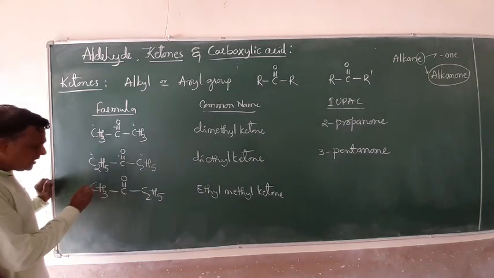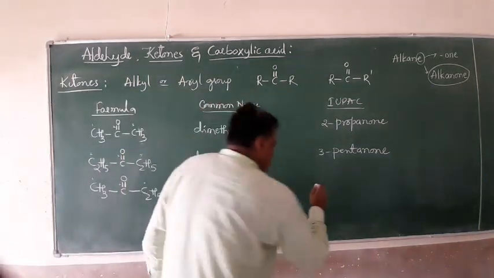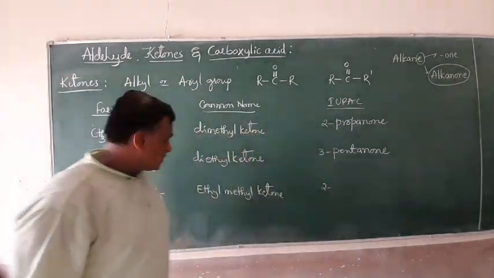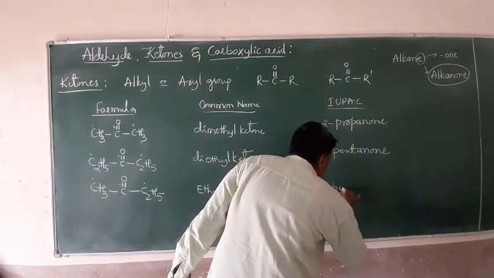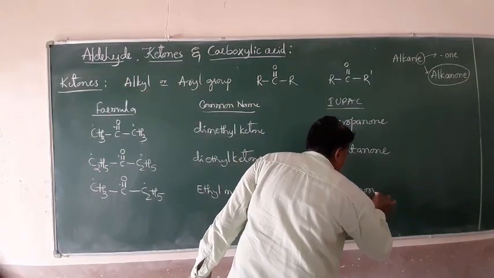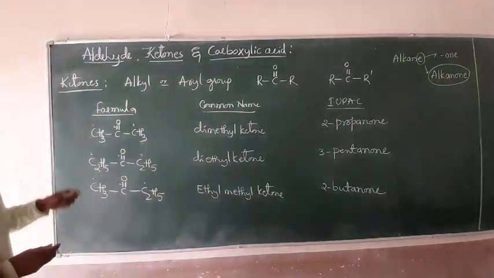Numbering from the nearest carbon, the carbonyl is at the second position. Total carbons are 4, and 4 means butanone. This is your nomenclature part of the ketone.